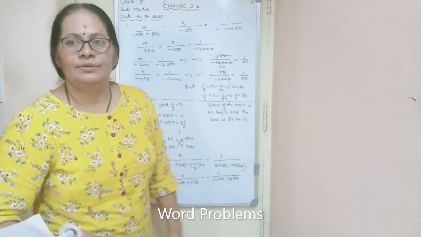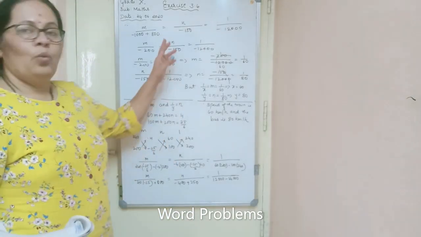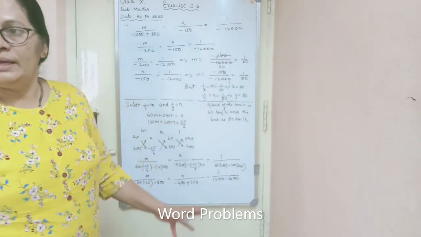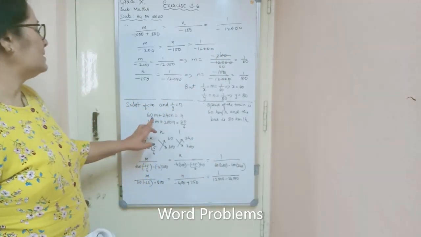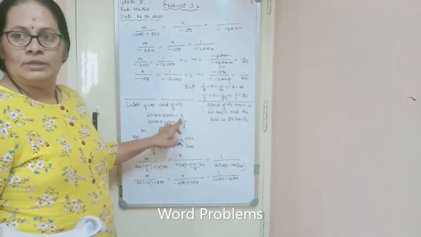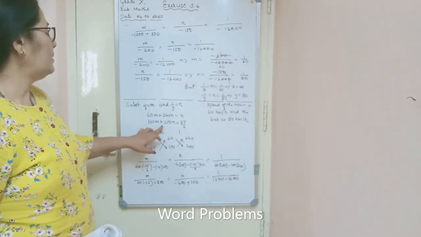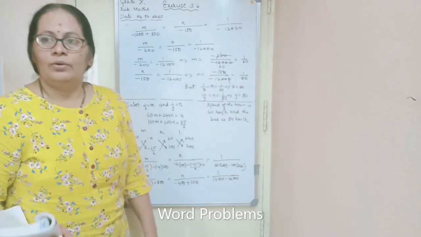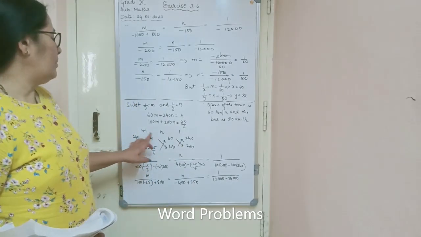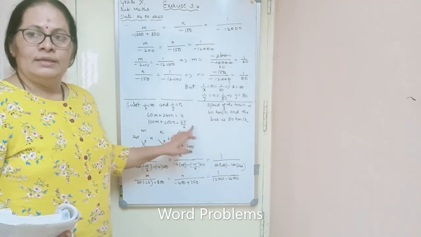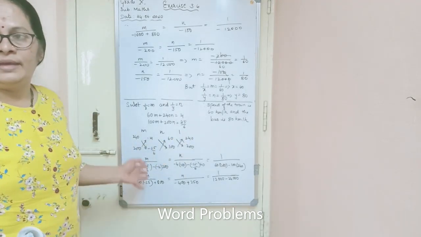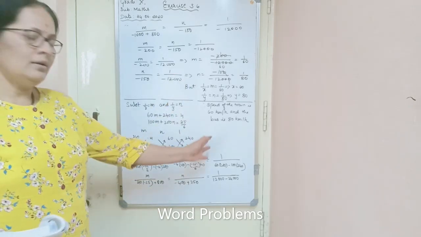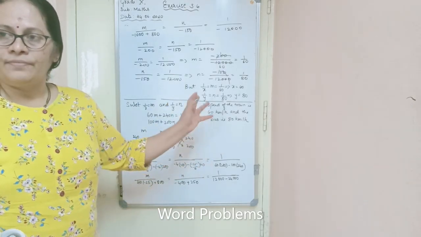Now solve these two equations taking 1 by x and 1 by y as m and n. Then you will get two linear equations: 60 m plus 240 n equals 4 and 100 m plus 200 n equals 25 by 6. Now cross multiply. So m, n and 1. First we take the coefficients of n, then the constant terms, again coefficients of m, then constants, coefficients of n.